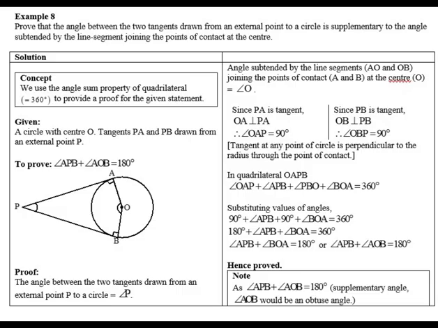In quadrilateral OAPB, angle OAP plus angle APB plus angle PBO plus angle BOA is equal to 360 degrees by angle sum property of the quadrilateral.